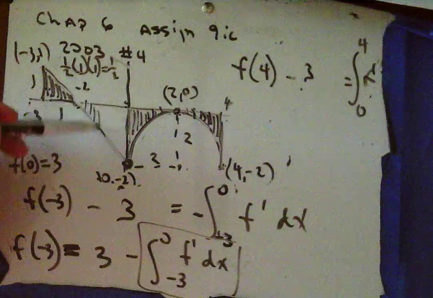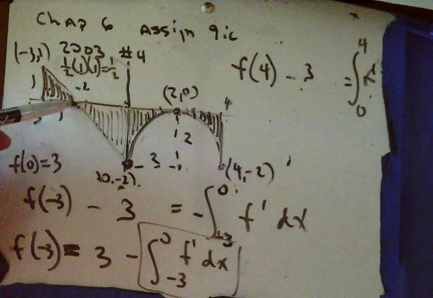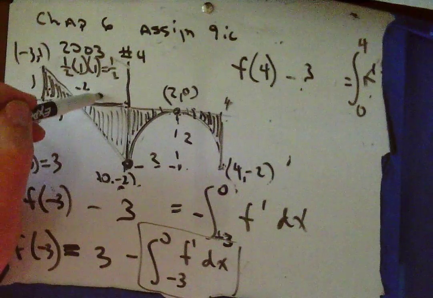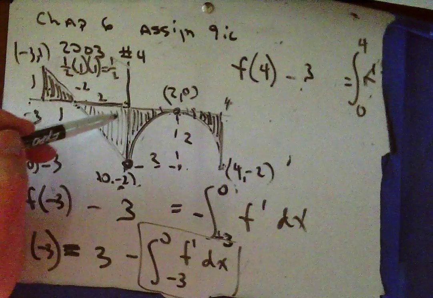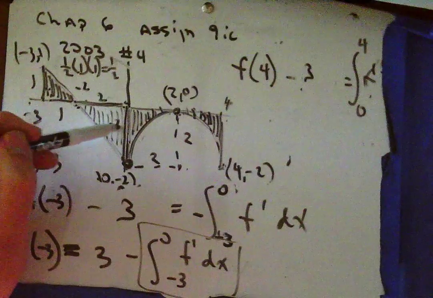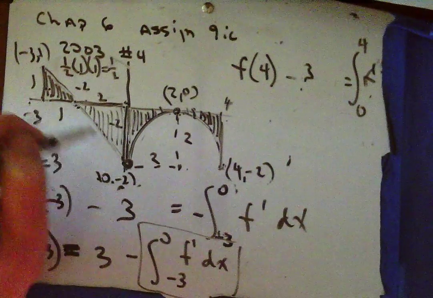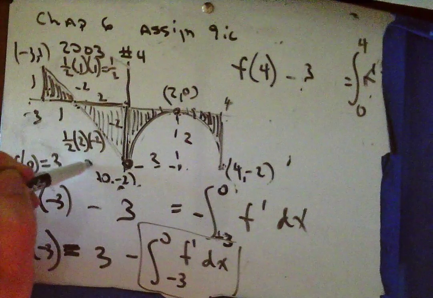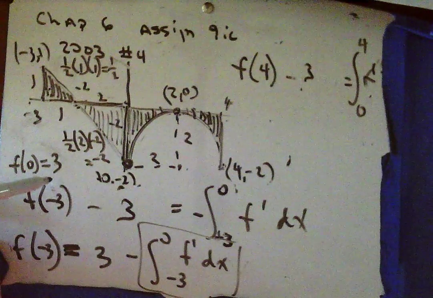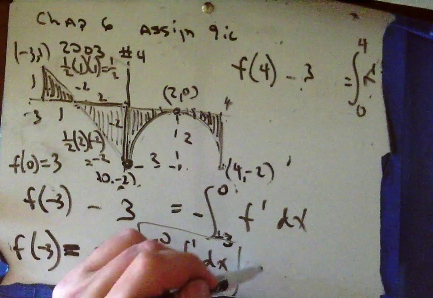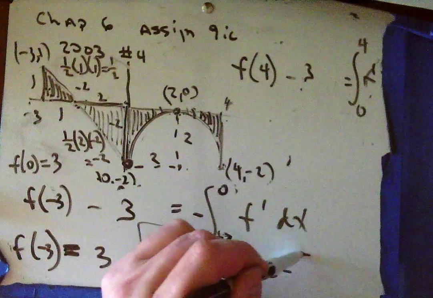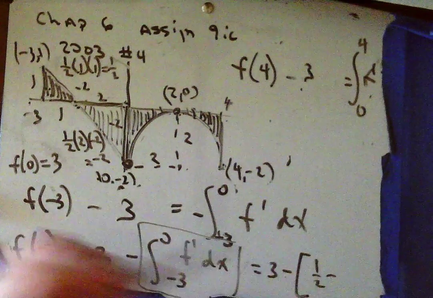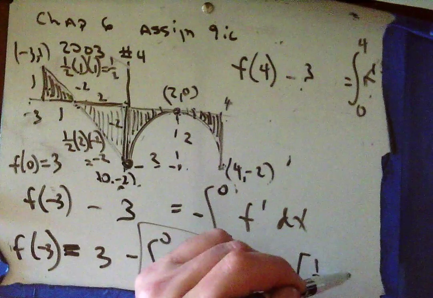Now, what about this area? Well, it's still a triangle. This distance is -2. Actually, I'm going to call that distance 2, because I'm going from here to here. But this is -2. And so my area of this triangle is going to be 1/2 times 2 times -2, or -2. So what's this integral? Well, that's going to be 3 minus 1/2 minus 2.